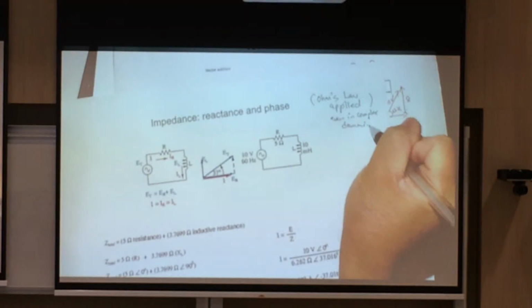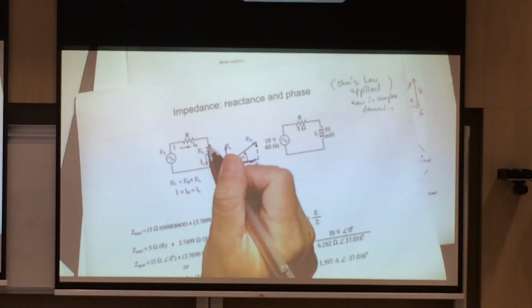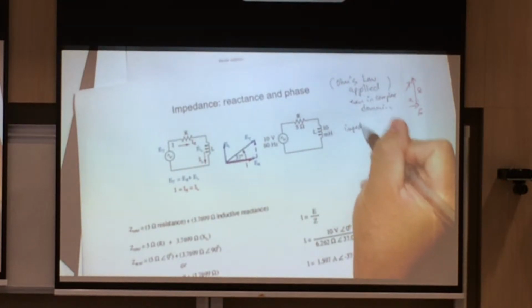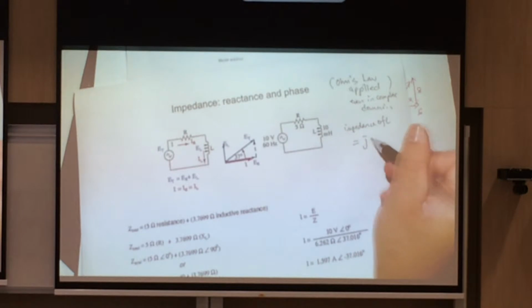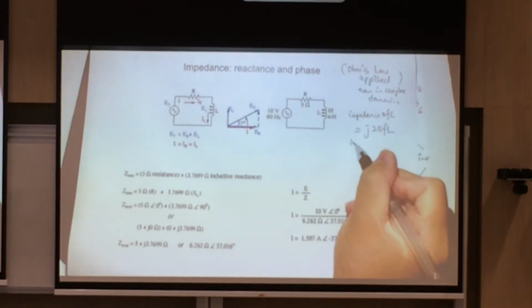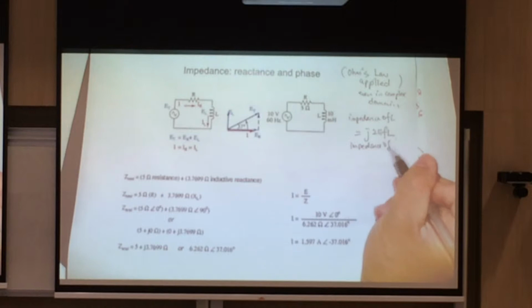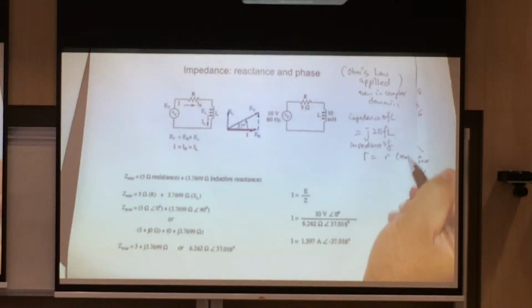Second, and note this, class, the impedance of this inductor, impedance of L is equal to j 2 pi fL. Okay? Impedance of R is R, real number.